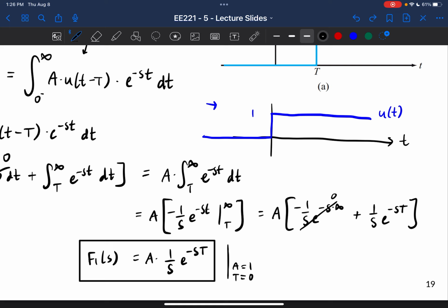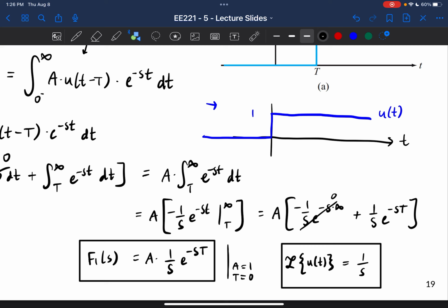So the Laplace transform of u of t, that's basically just the unit step function, right? If we allow a to go to 1 and T to go to 0, the Laplace transform of u of t is just 1 over s. And that is the value for the Laplace transform of the unit step function, which is exactly what you will see in the table when we get there later.